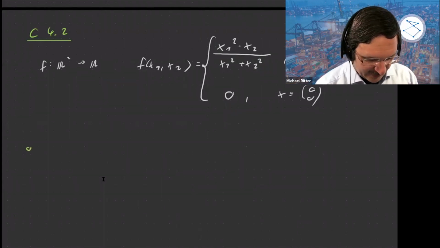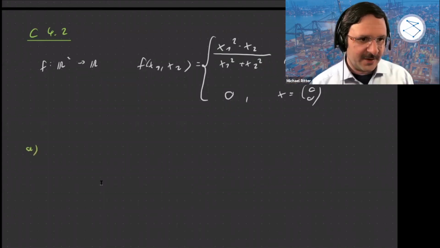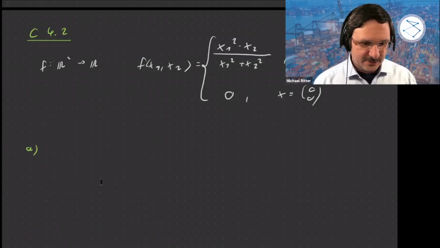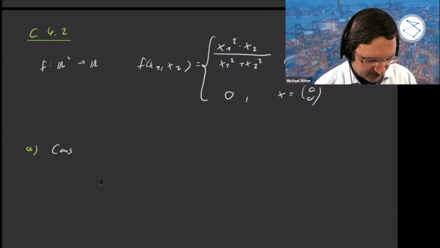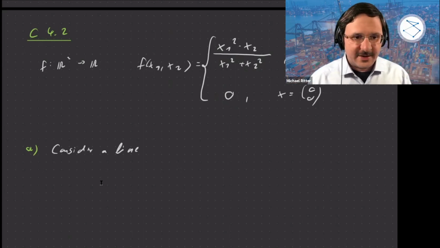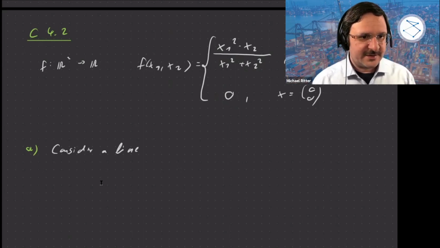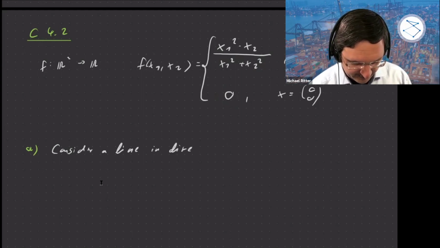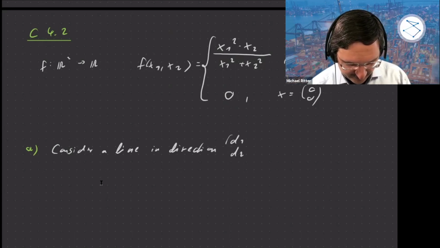So let's start with A. In A, we consider lines through the origin. So we start with a line through the origin. We give that a direction. Let's say that direction is d1, d2, a two-dimensional vector.